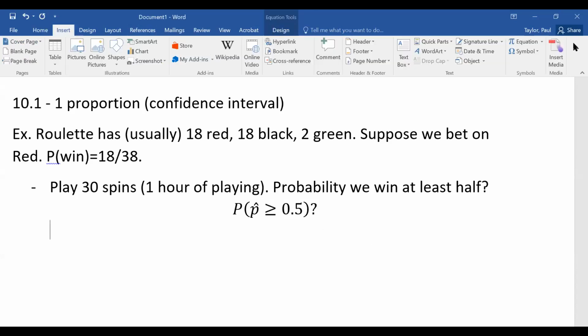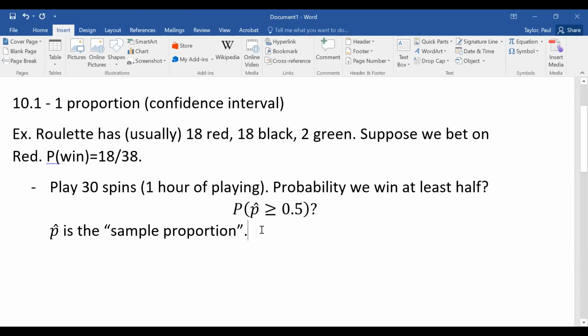That's what we're calling it. The word sample is basically the data that you could collect from your experiment, and P hat is the proportion of successes in our sample.